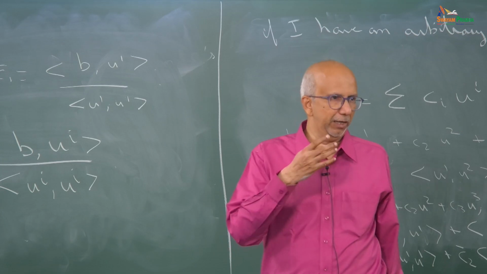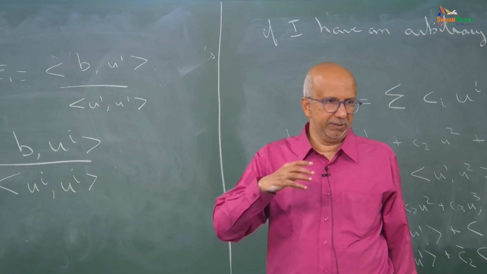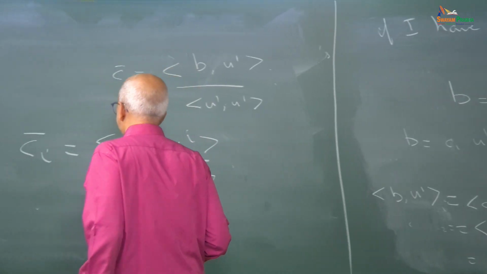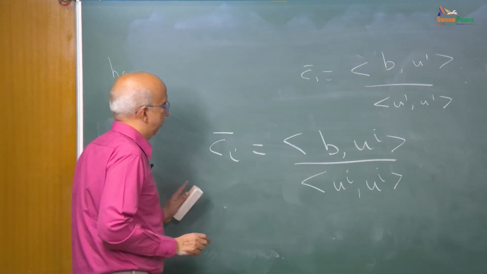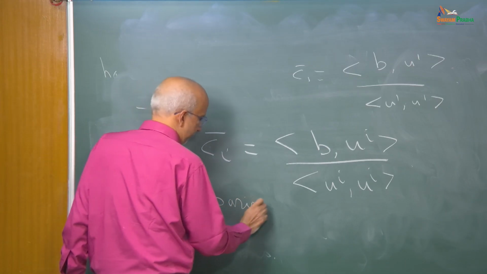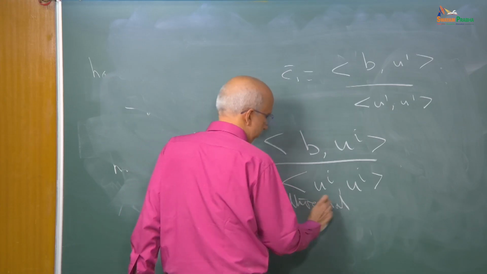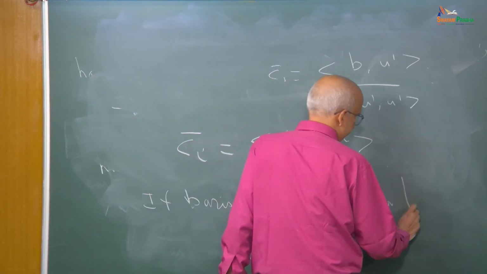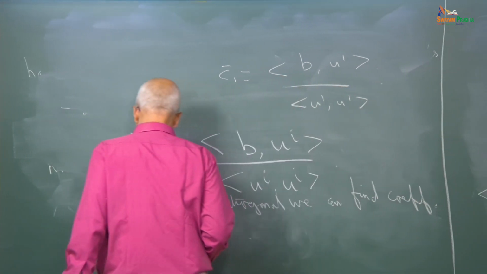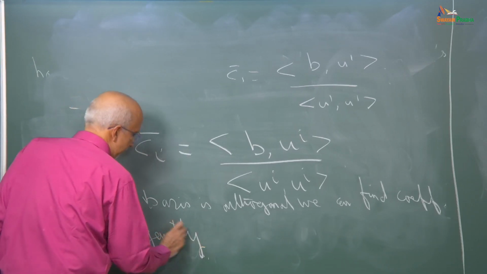So, let me try to tell you that whatever I talked about just now is something you are already familiar with. So if the basis is orthogonal, we can find the coefficients elegantly, I mean, without having to solve.